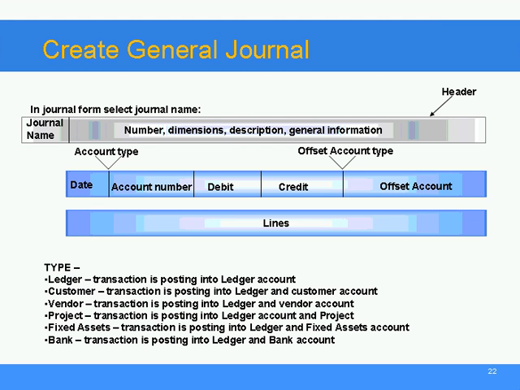In the lines, the system creates the system date, this date. We can change this date. We need to use the account number. First of all, we need to select the account type. As I said, you can create and post.